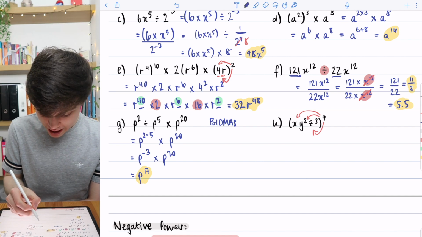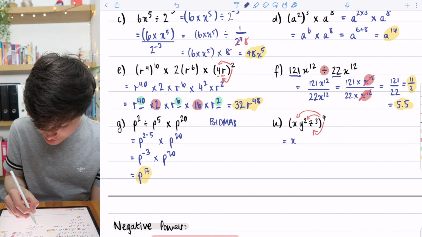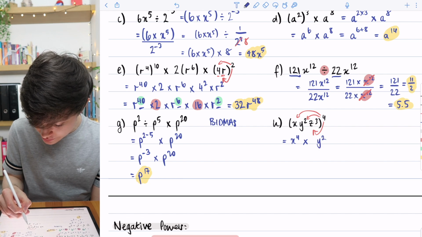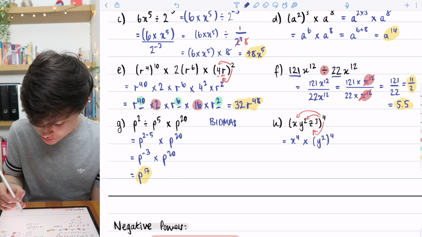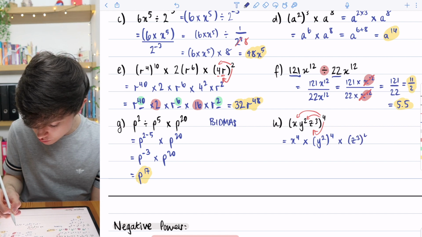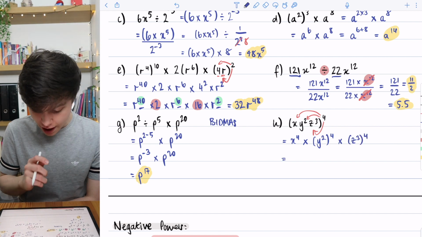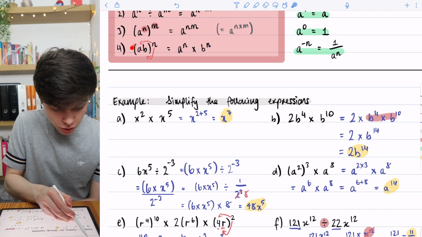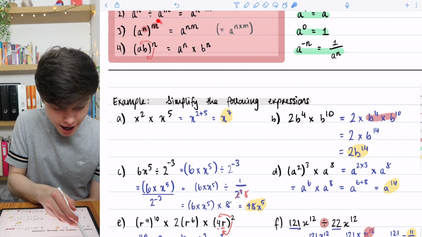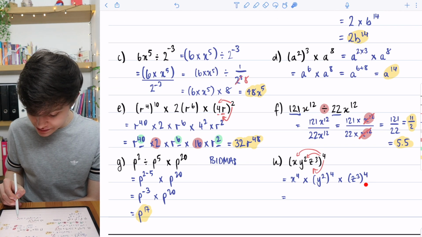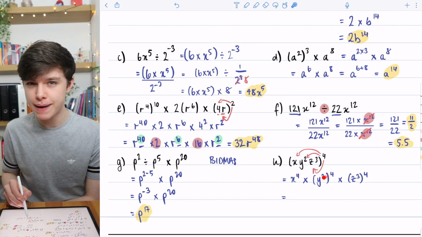So let's do that. We will have x to the 4 multiplied by y squared, and I'm going to put brackets to the 4, multiplied by z cubed to the 4. And then we can use this rule here, the third one, with this and this, to then merge these powers together.